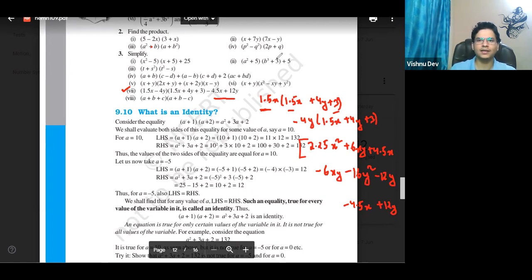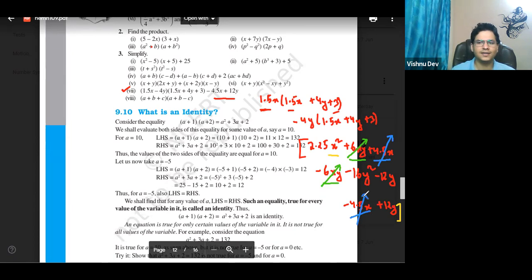Now see this. In this, can you identify the common terms? There's no other x square. We have 6xy here and minus 6xy here. So can I say that this plus 6xy and this minus 6xy will get cancelled? Yes or no? Yes, sir. And what about plus 4.5x and minus 4.5x?